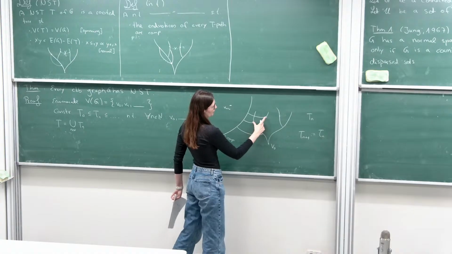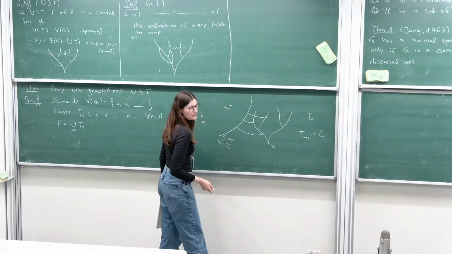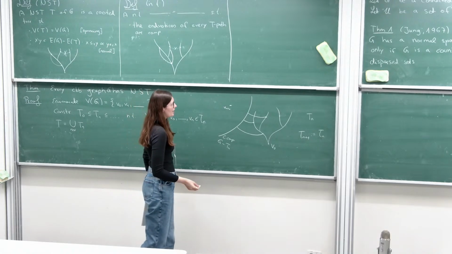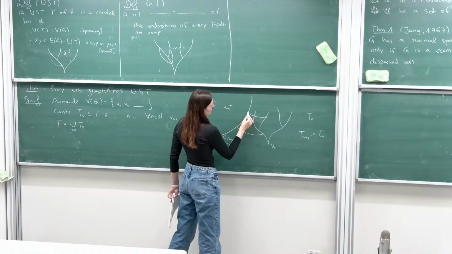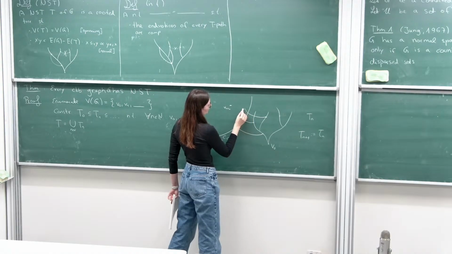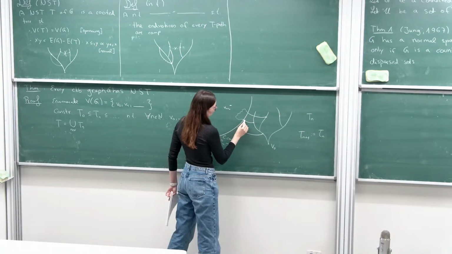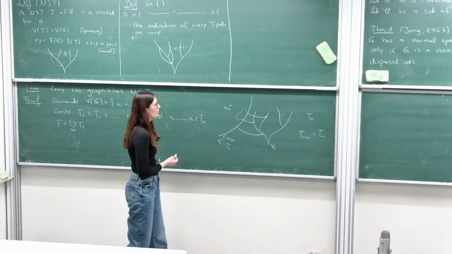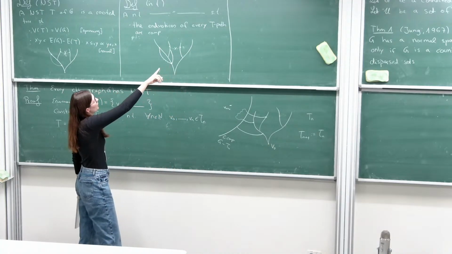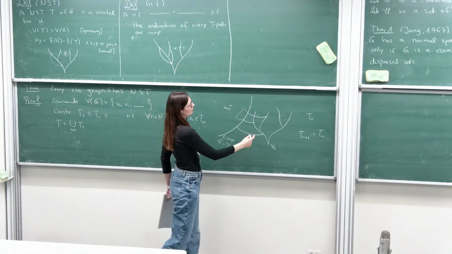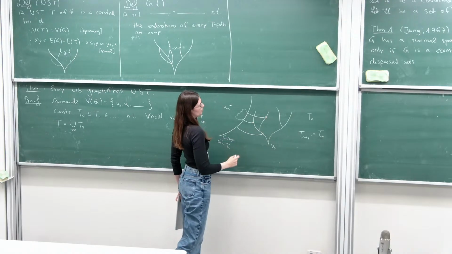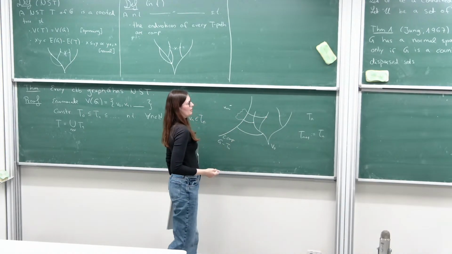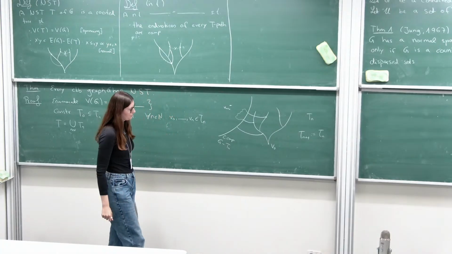So what I have here are two neighbors that are incomparable in my tree order of Tn, but this can't be true. Why is this the case? If we have something like this, we can just follow this edge, find a path in my component, and follow this edge. And then we have found a forbidden T-path, because the end vertices lie on incomparable vertices in my tree, but the inner vertices are outside of my tree.